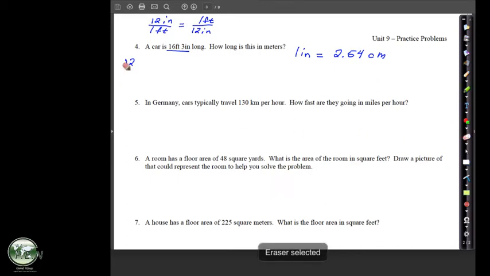Anyone else do that? You're thinking something and you write something else. 16 feet. So we're going to multiply by 1 foot in the bottom and 12 inches in the top. The feet are going to cancel, and now the lineup tells us that we take 16 times 12.